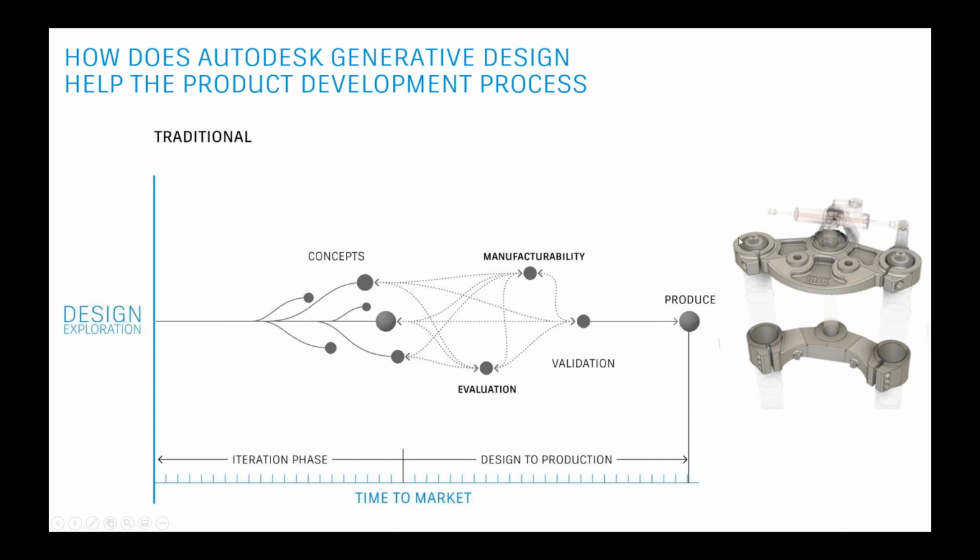So you might have an existing design, or at least some sort of design that you're using as a guide for ultimately what you want to produce. And maybe you have something that in a conventional design might look something like the image that you see there at the bottom.